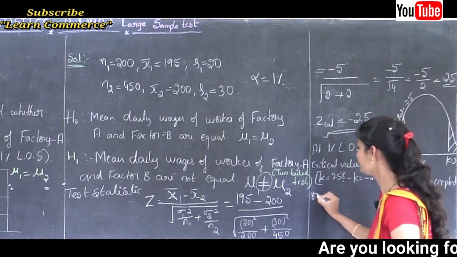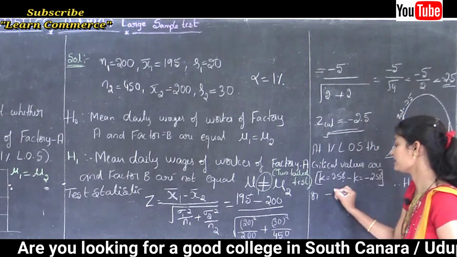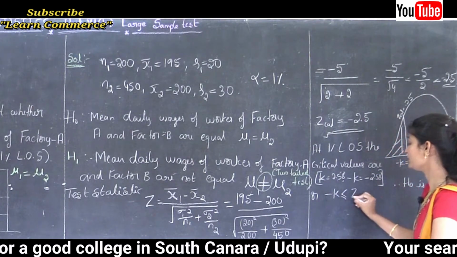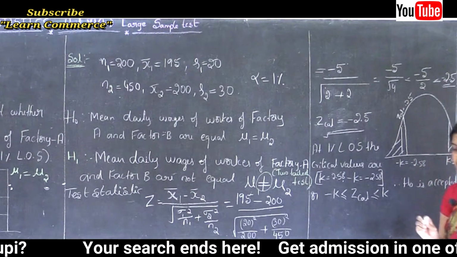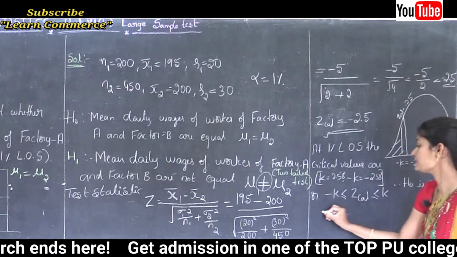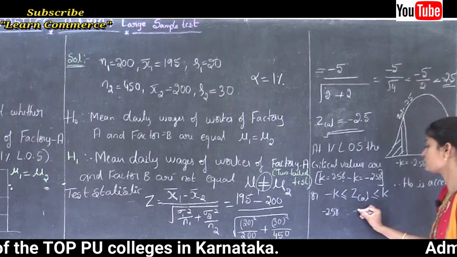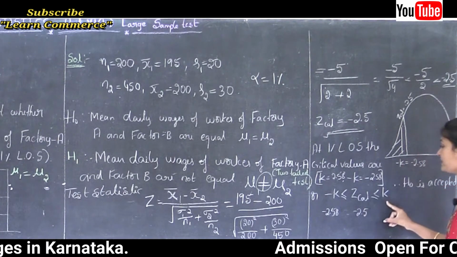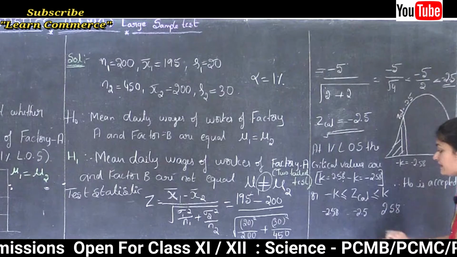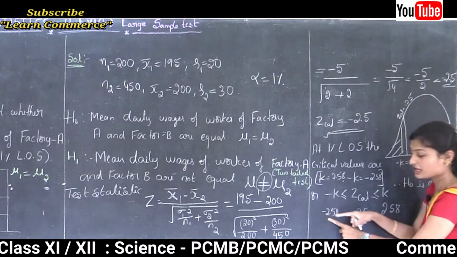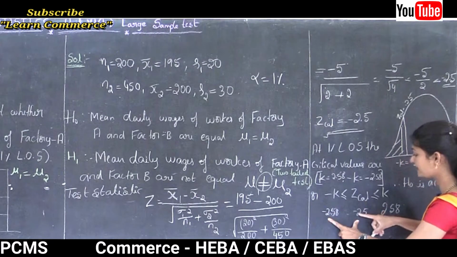Or we can use the other condition. In a two-tailed test, the condition is minus k less than or equal to the calculated value less than or equal to plus k. See, here minus k is minus 2.58, the calculated value is minus 2.5, and plus k is 2.58. First we compare these two values, minus 2.58 and minus 2.5.